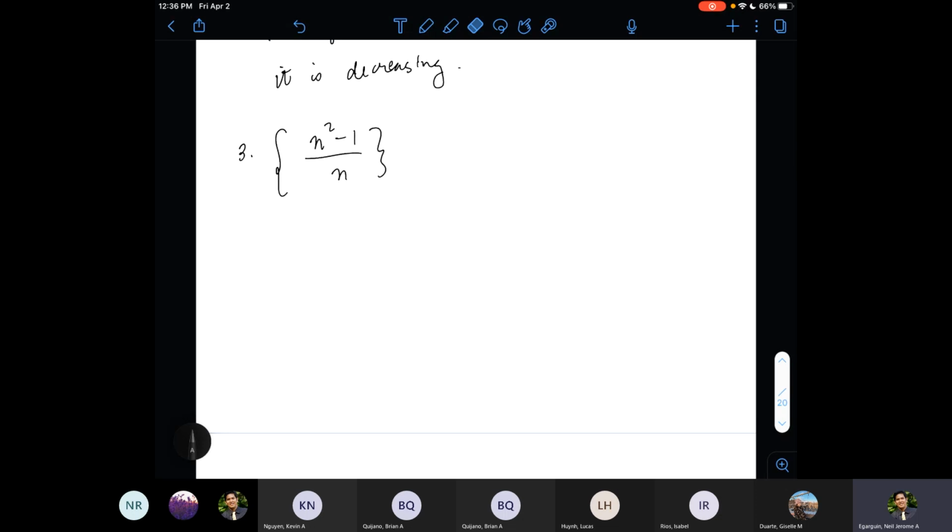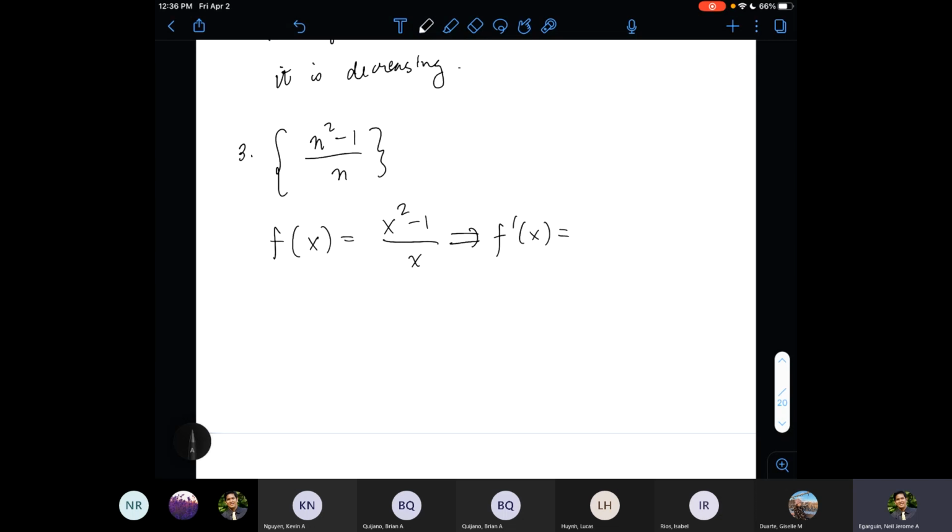So that's why for this one, since the behavior is not sure for any n, I'll try a more analytic approach. That means I'll look at the real valued counterpart, f of x, which is x squared minus 1 all over x. I will work with the real valued counterpart so that I can compute f prime.